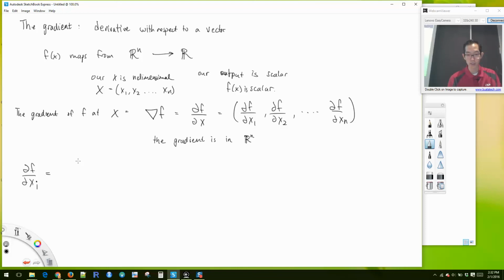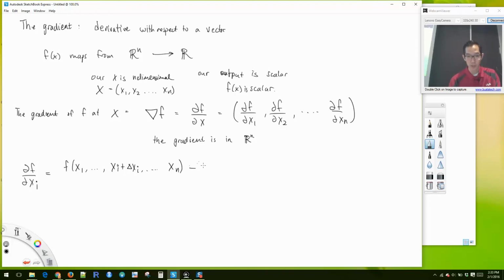This would be the function evaluated at x1, and then at xi plus delta xi, but just evaluated as a partial, so we're only modifying the xi term.